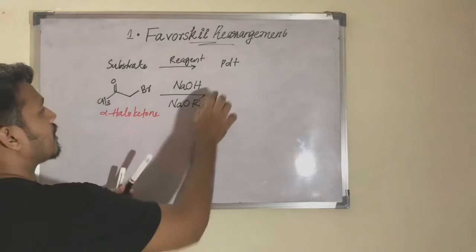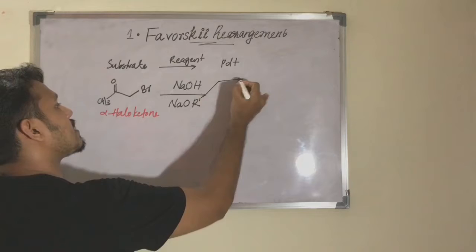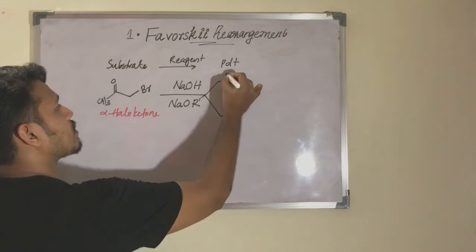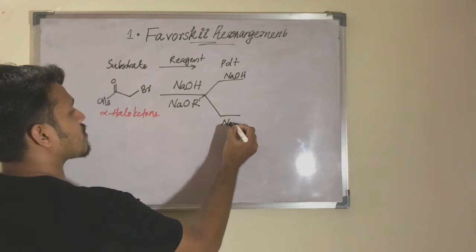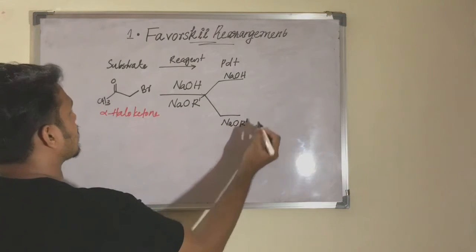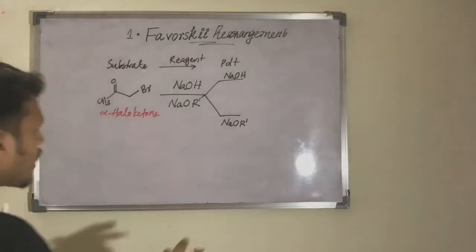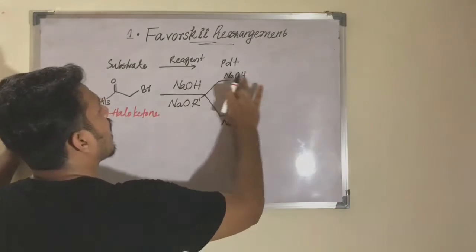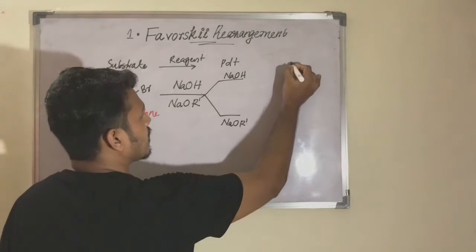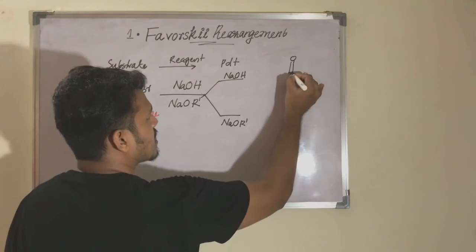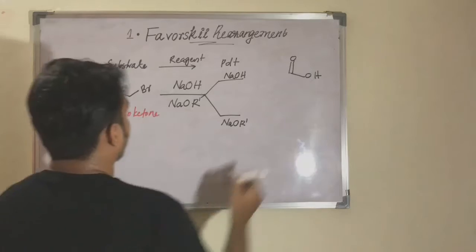I am first dividing these into two categories. This is NaOH, and this is alkoxide, NaOR dash. With NaOH you end up with a carboxylic acid, COOH.